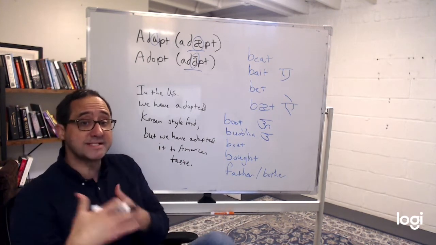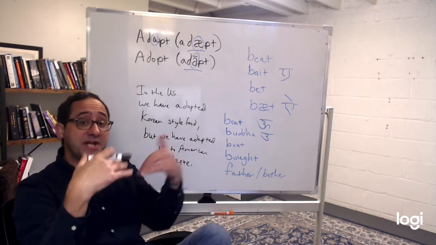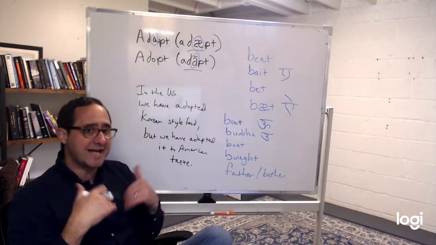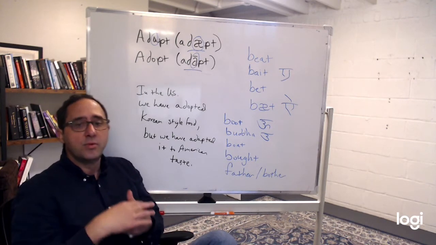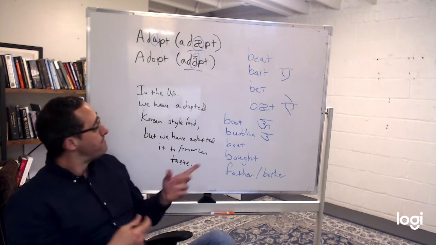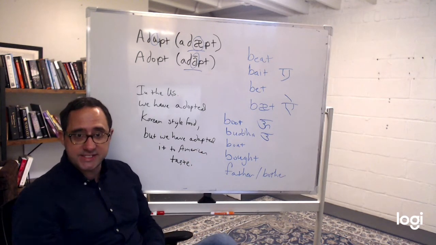So Korea has a style of food. America, or the US, has adopted that style of food. Kimchi, bibimbap. We've adopted these things, but we have adapted them to the American taste.